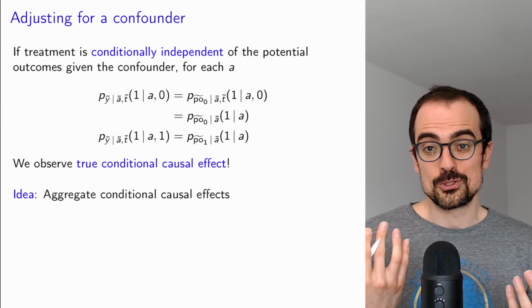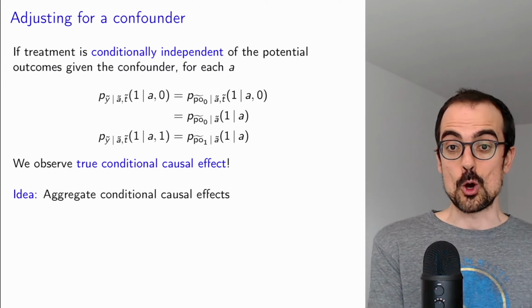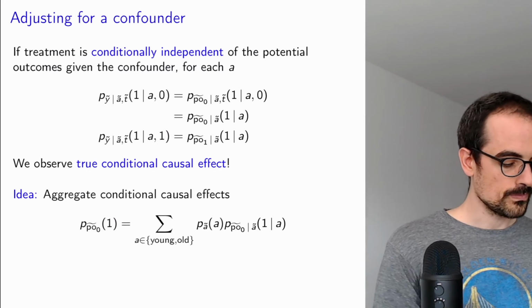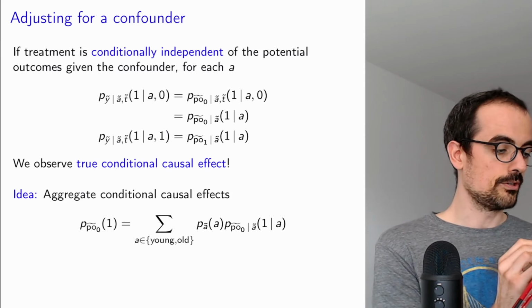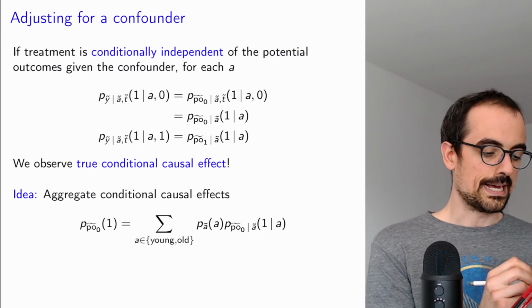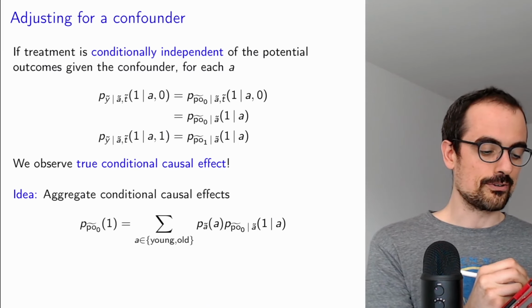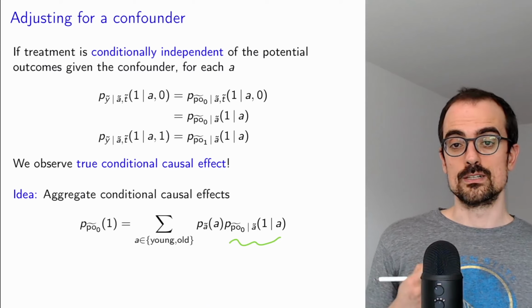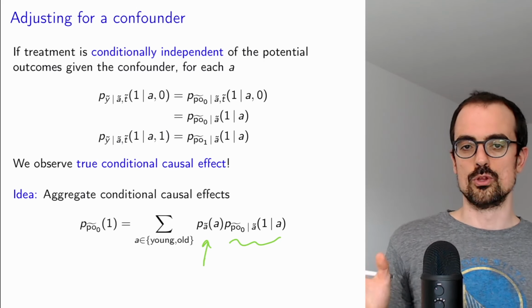So now it's natural to try to estimate the aggregate causal effect by combining these true conditional causal effects. The idea now is that by the law of total probability, we can aggregate the probability that you don't recover given that you belong to different ages, multiplying by the probability of belonging to those ages.